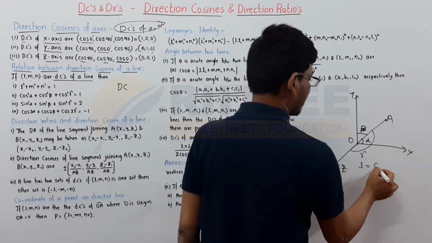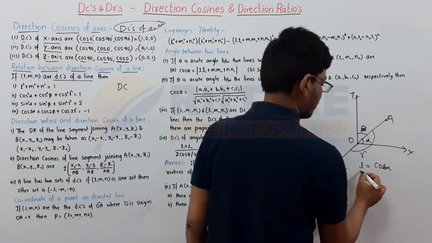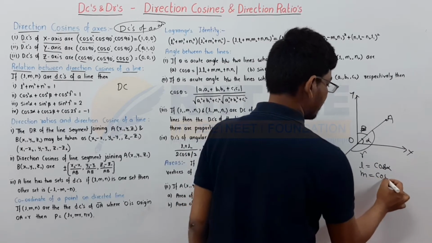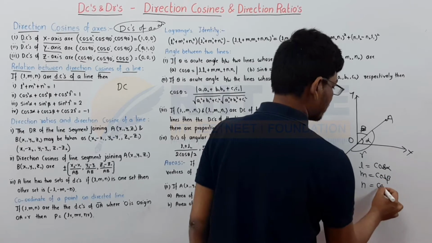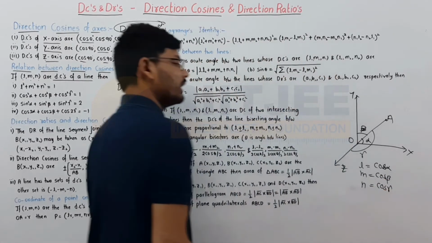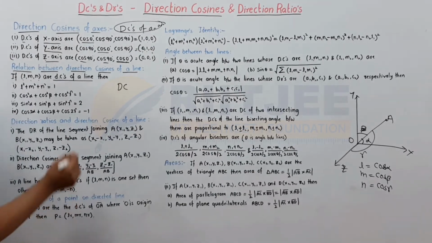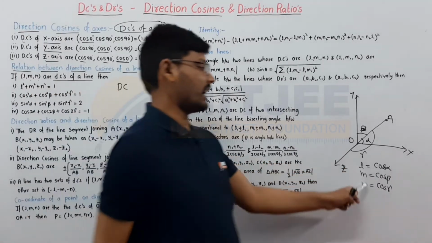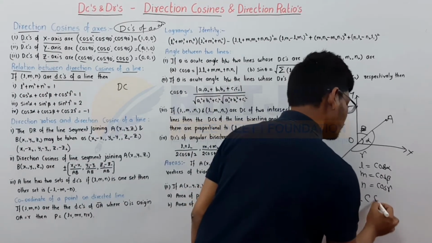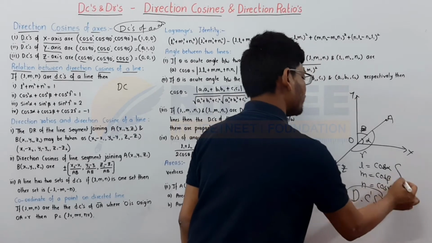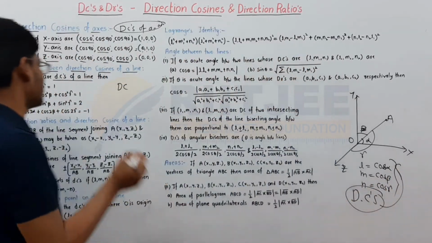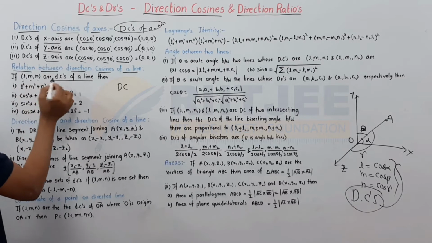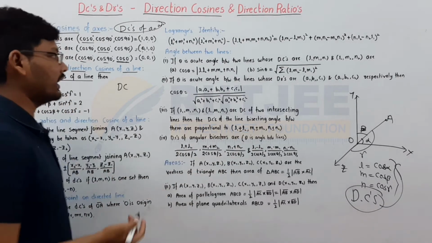L is cos alpha, M is cos beta, and N is cos gamma. These three are the direction cosines of the line.